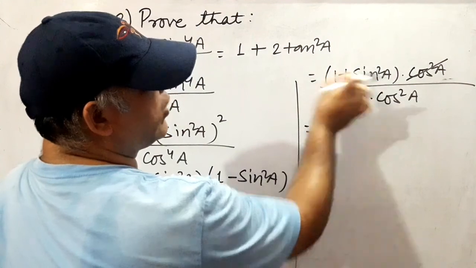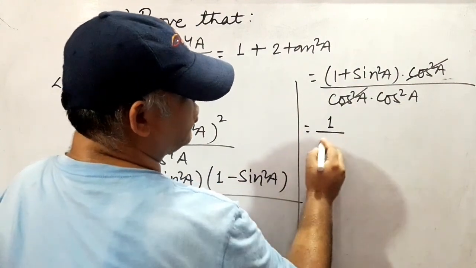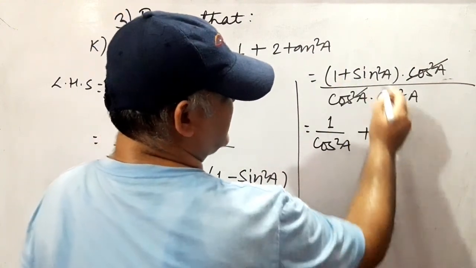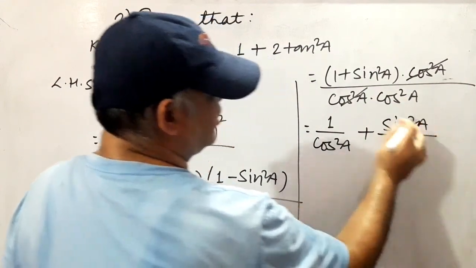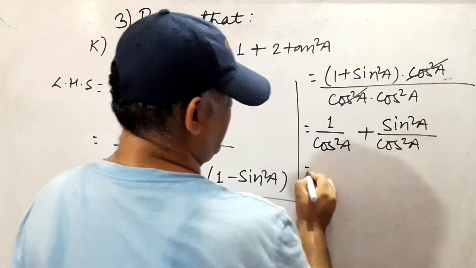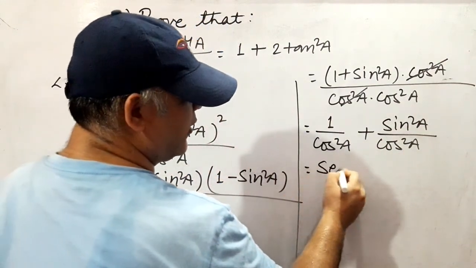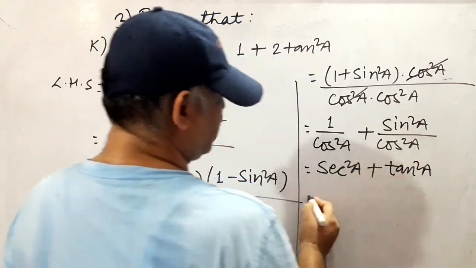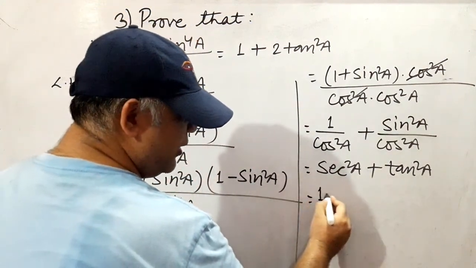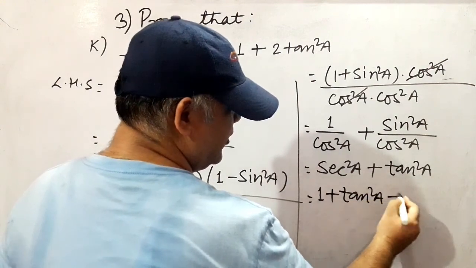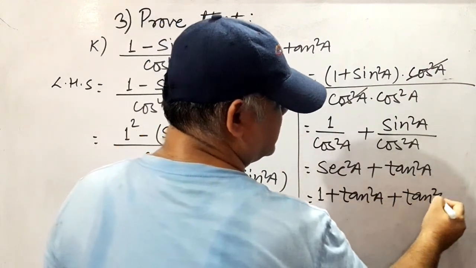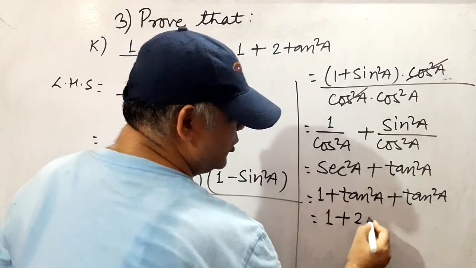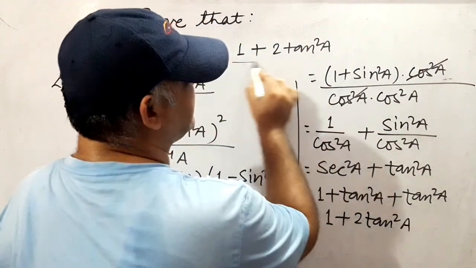Let's separate this 1 plus sin^2 A: 1 by cos^2 A plus sin^2 A by cos^2 A. 1 by cos^2 A is equal to sec^2 A, plus sin^2 A by cos^2 A is equal to tan^2 A. Sec^2 A can be written as 1 plus tan^2 A, plus tan^2 A. So it becomes 1 plus tan^2 A plus tan^2 A, which equals 2 tan^2 A, our right hand side.